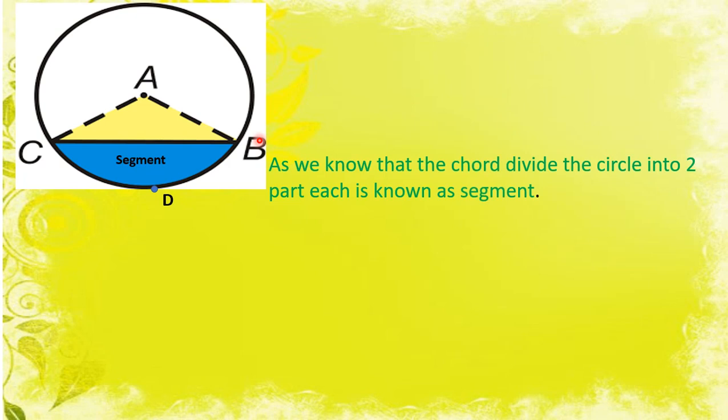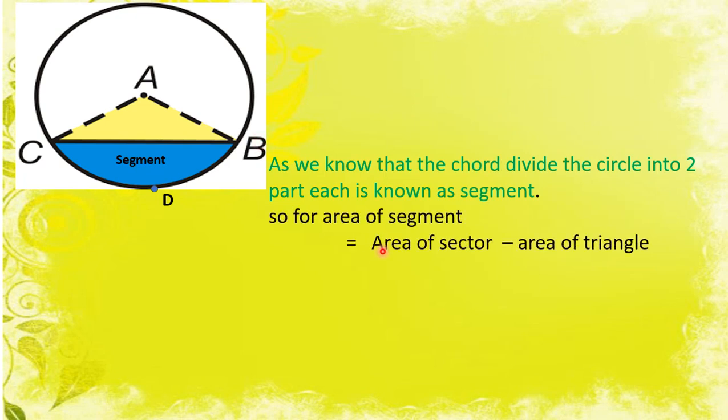If you want to find the area of this segment, observe the figure: it is found by subtracting the area of this triangle from the area of the sector. So area of the segment is area of sector minus area of triangle.